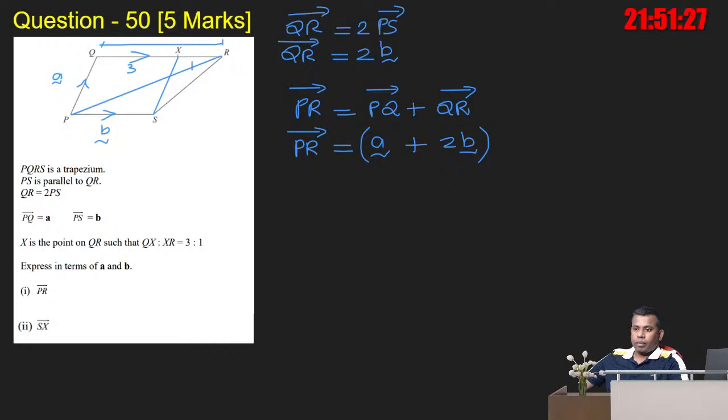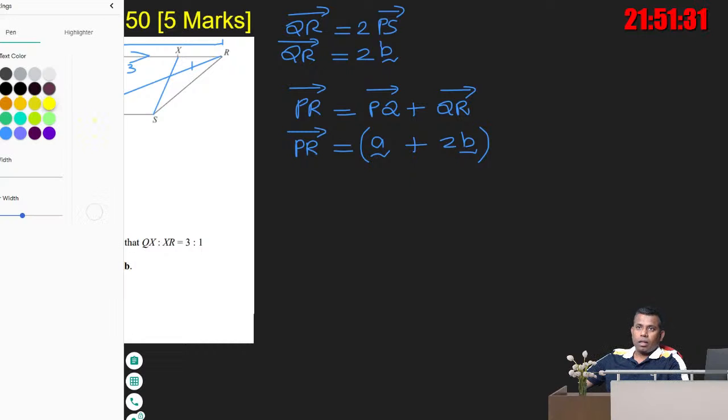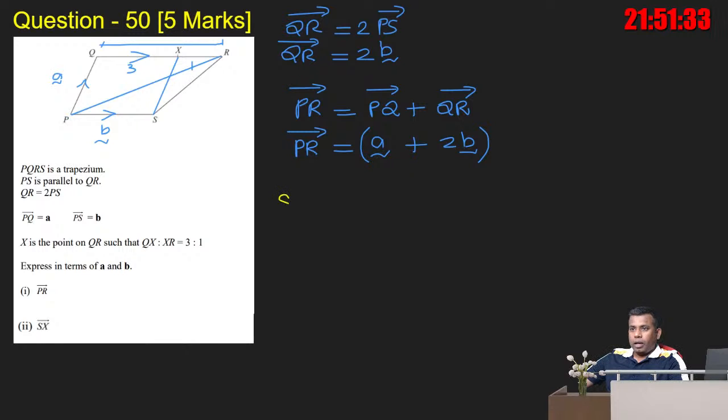SX is, and S to X equals, you can say, S to P, P to Q, and Q to X, right?